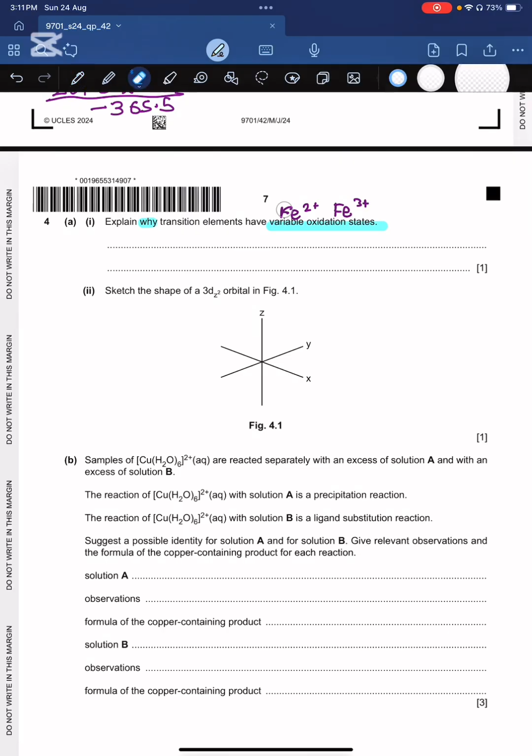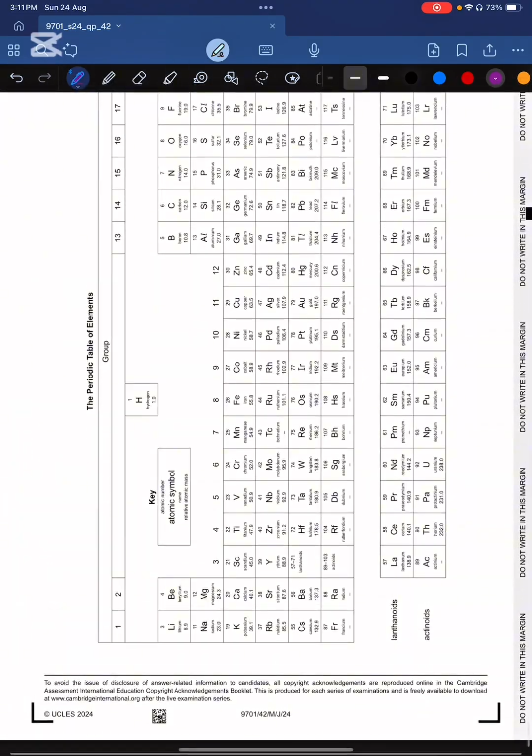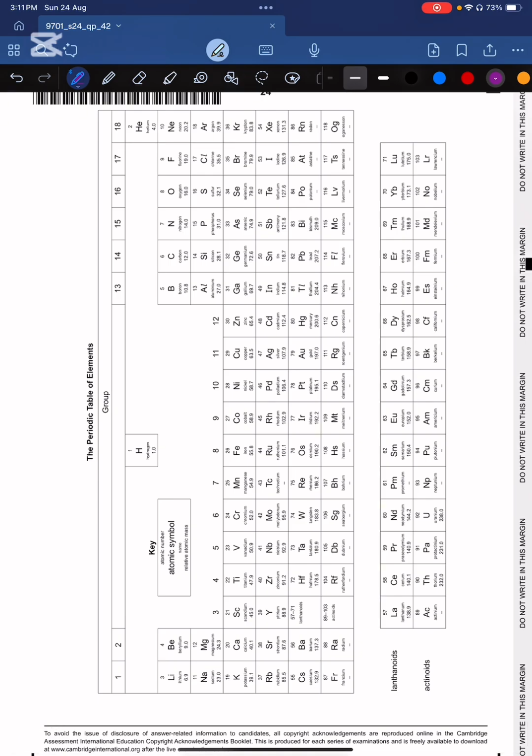Why is that? It's because we need to understand how electrons are lost from transition elements. You should know this by now that electrons are lost from the highest shell, or the shell with the highest energy. Let's take an example of Fe.